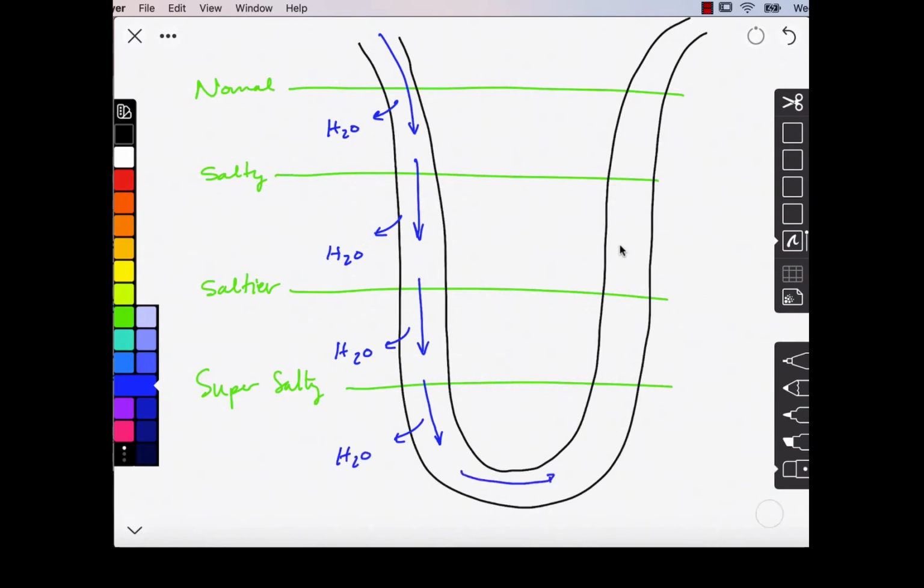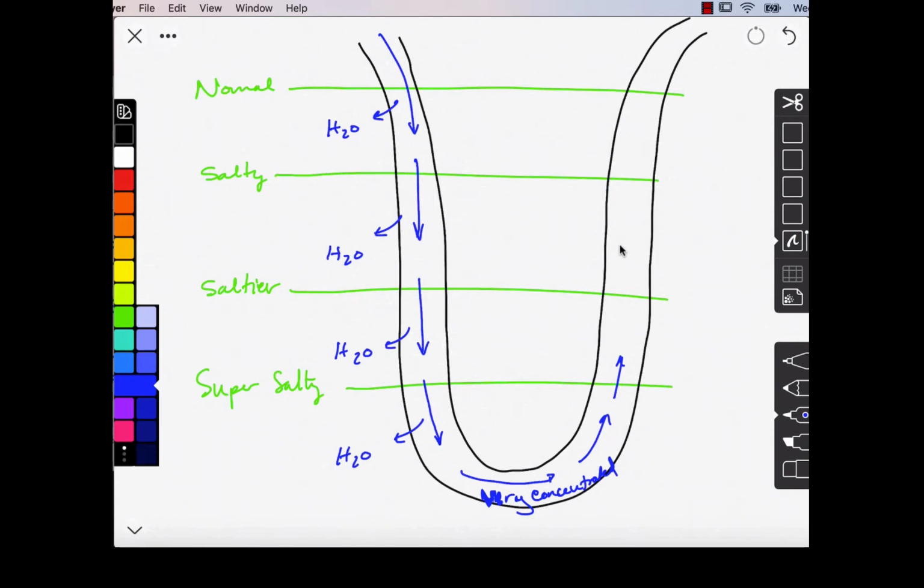Now, once that fluid rounds the medulla, at this point, it's very concentrated. As it starts to go to less salty environments, now something needs to leave. So again, the fluid in the loop can equilibrate.